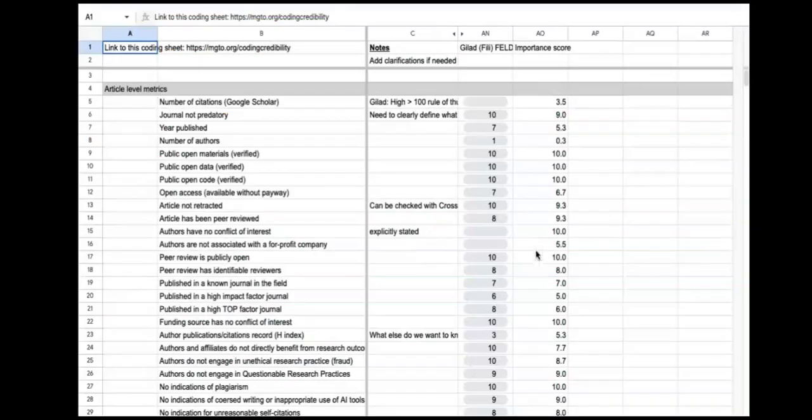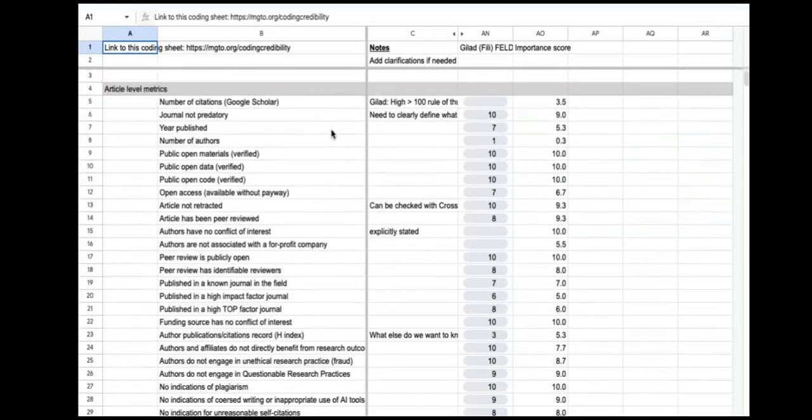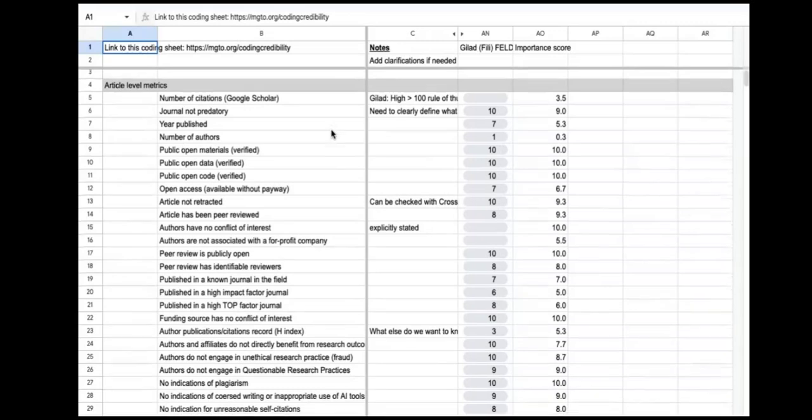As an additional tidbit, I wanted to go over the collaborative coding sheet that my course helped out on in terms of assessing study credibility. Here is a pretty extensive list of factors to think about when you're evaluating the credibility of a particular source.